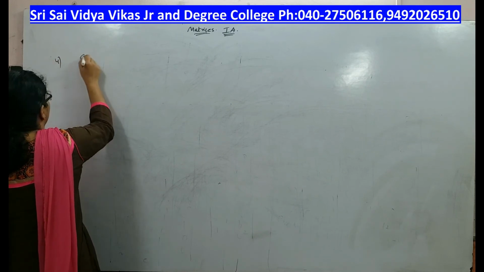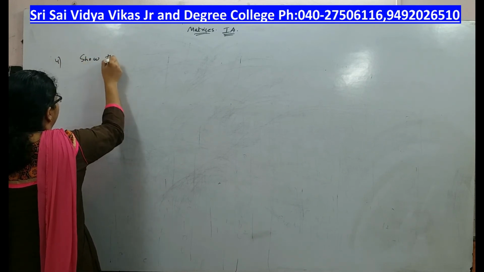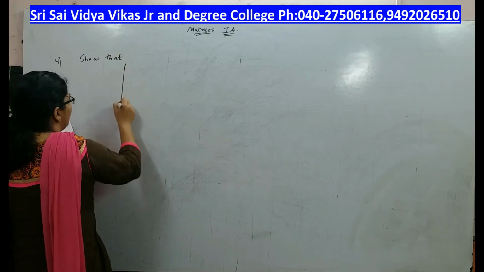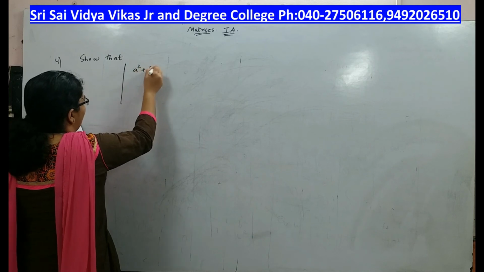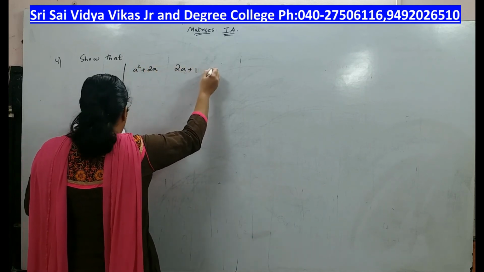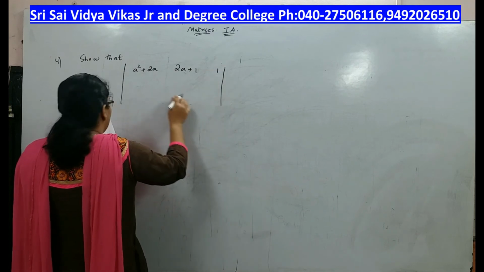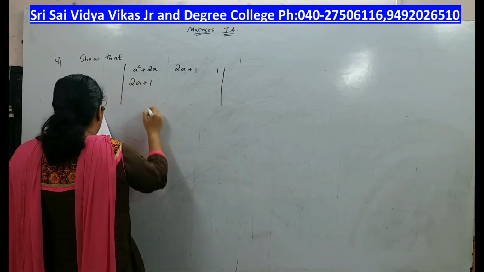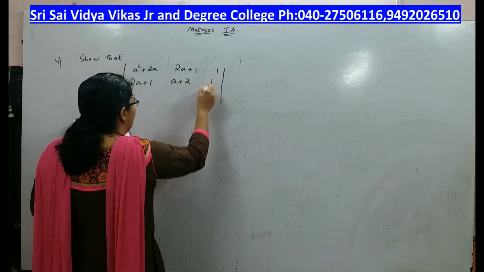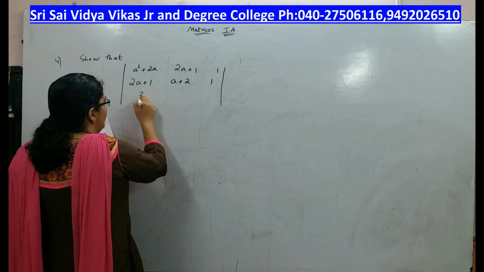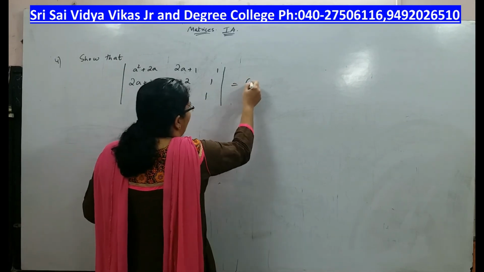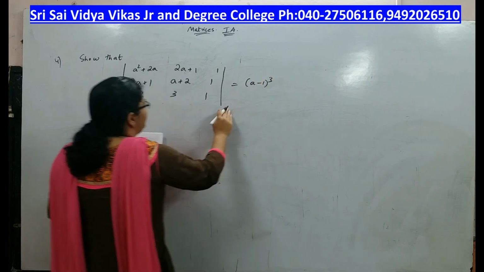Fourth one, show that the determinant with rows a square plus 2a, 2a plus 1, 1; 2a plus 1, a plus 2, 1; 3, 3, 1 is equal to a minus 1 whole cube.